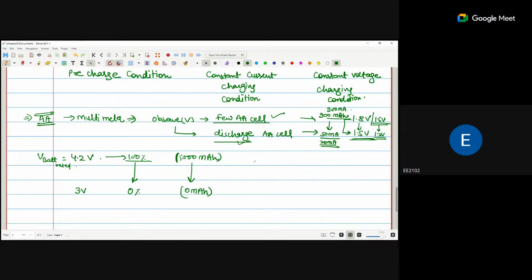With the same example, 0 to 10% charging is the pre-charging condition. The constant current charging condition is 10 to 90% charging. The constant voltage charging condition is around 90 to 100%.